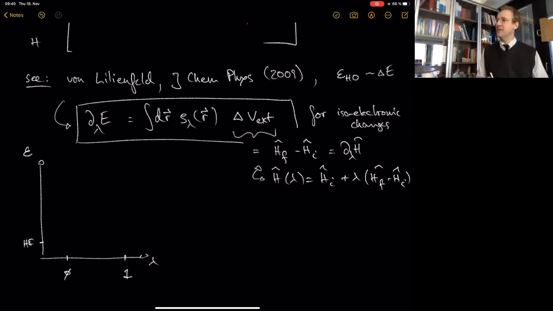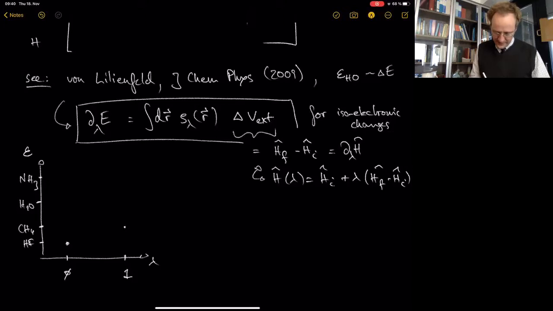That is, suppose it's here. Then you have the HOMO eigenvalue of CH4, then of H2O, then of NH3. That's how they look. And now you can look at how these eigenvalues look if you linearly interpolate these compounds.